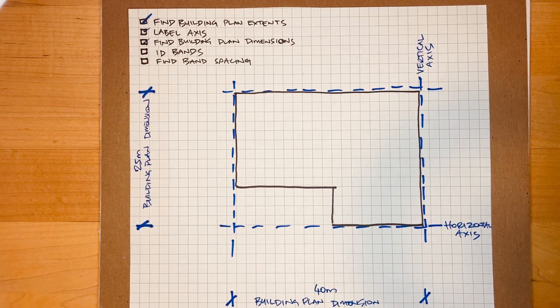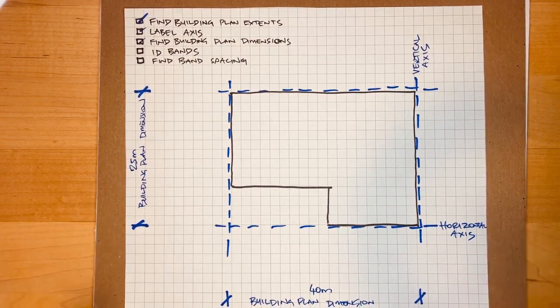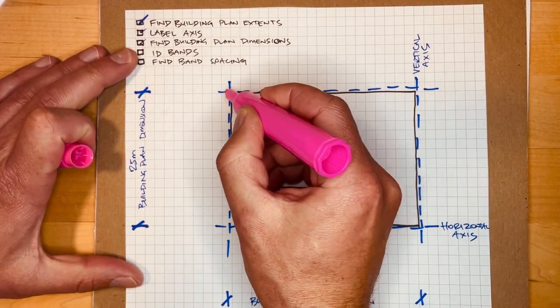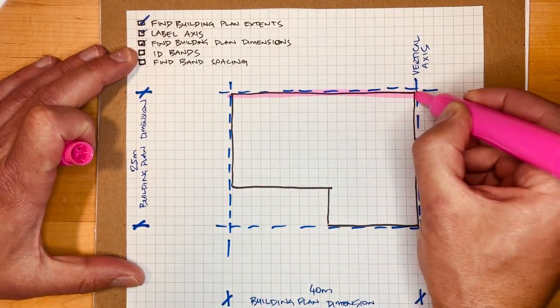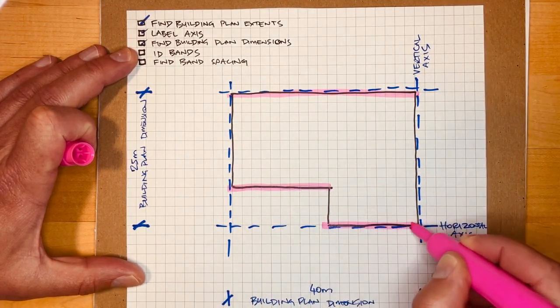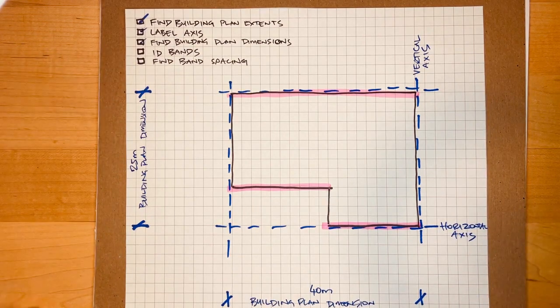And so next on the list, we need to ID the bands. Now, I haven't indicated any brace wall bands on this plan yet, so I'm going to start off with that. All the horizontal bands, I'm going to do them in pink. Again, this is just hypothetical. Let's consider that to be our horizontal bands.